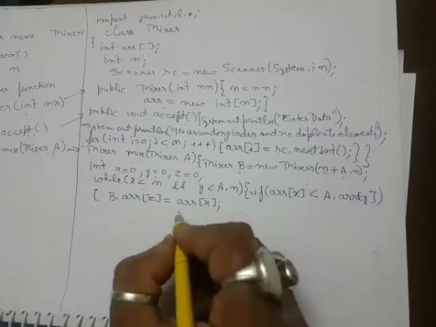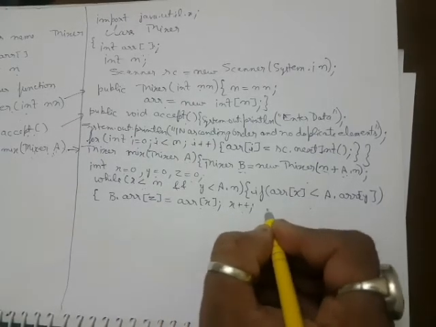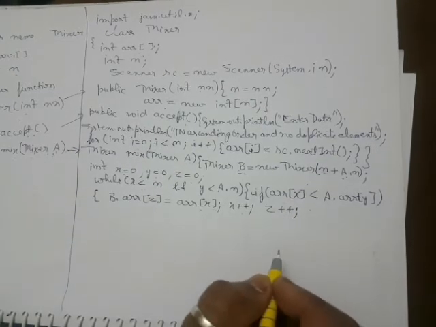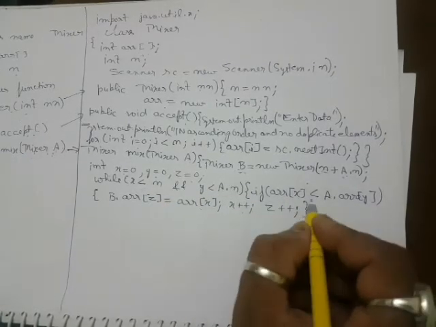Now in this case x and z are involved, so we will write x++ and after that z++. Alright, one part is over and we close it here. So this is over.